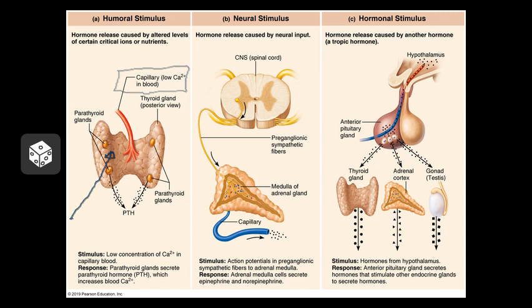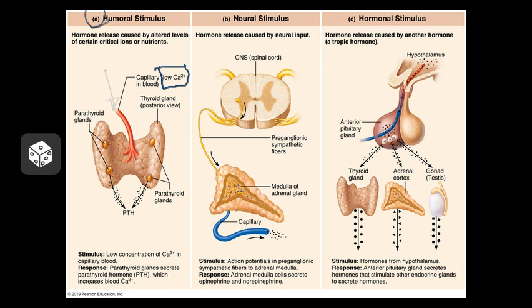So again, the hormone release or inhibition is caused by changes in the level of ions and nutrients in the plasma of blood. This humoral stimulus, this part A, shows the effect of changes in blood calcium.